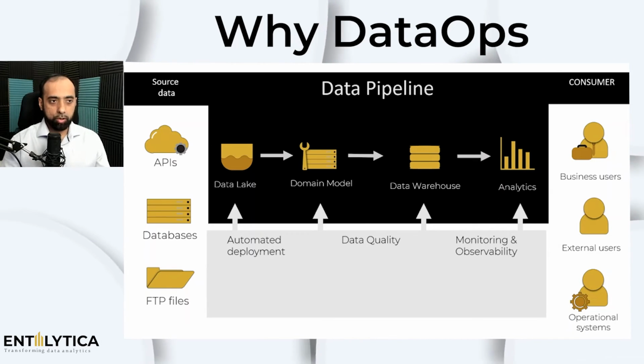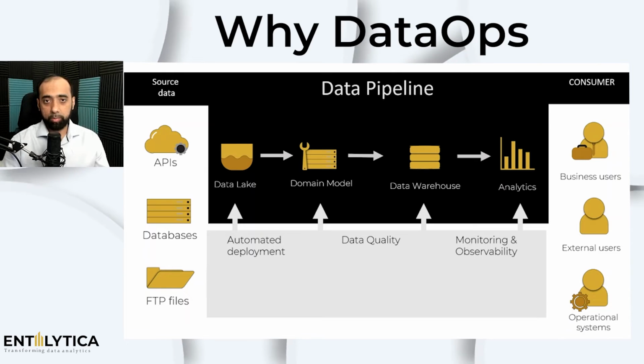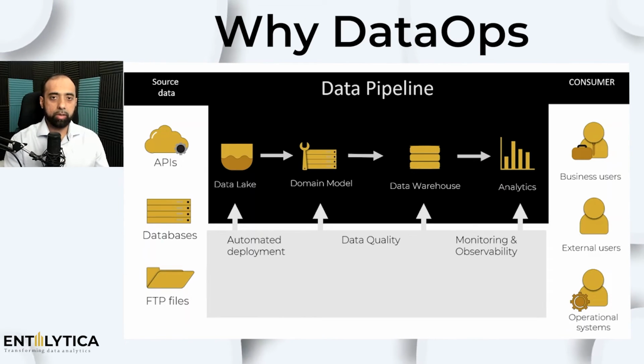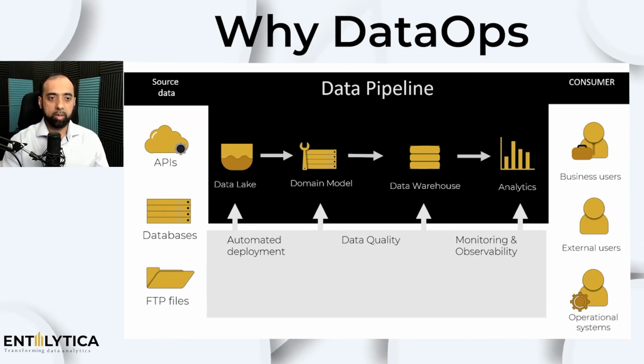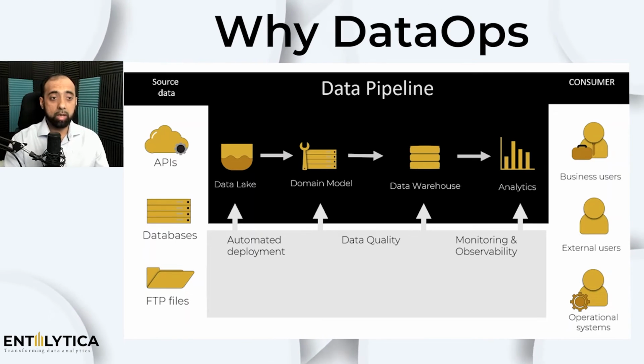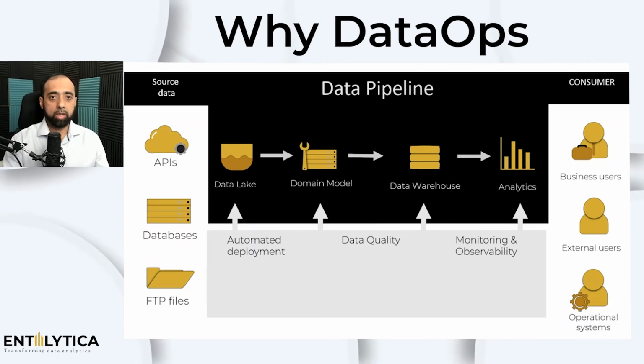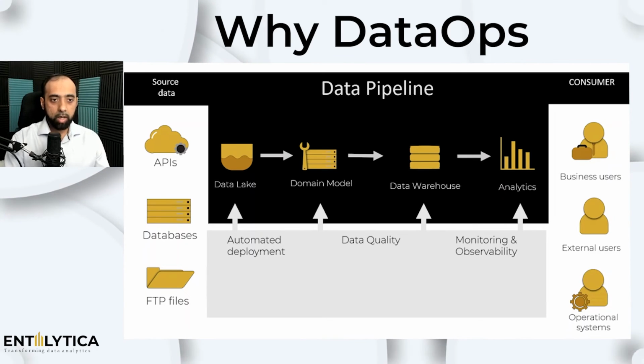So monitoring and observability becomes a really important part here, because to make sure the health or the data quality of my data pipeline is in a good place, I need observability into what the quality is in production in real time.